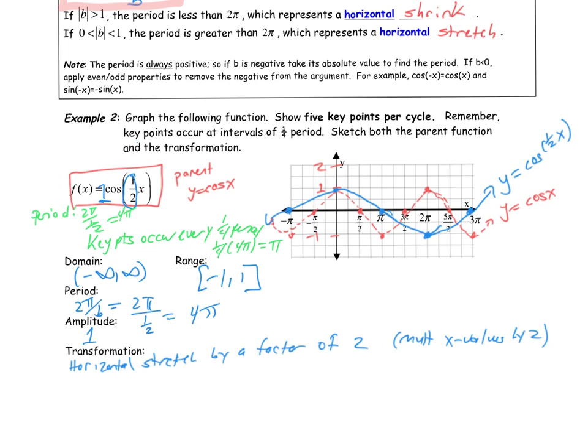And we could have used that to find our key points, because our first key point would be at 0, 1, and then every pi unit, so at pi, 2 pi, 3 pi, we would get the key points. And as you can see here, I've got 5 key points that I just circled in green for the cycle.